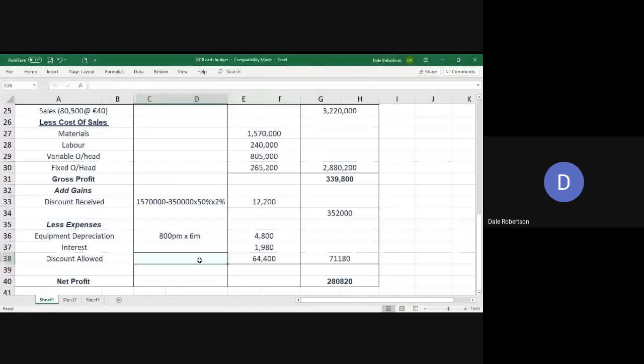And then finally, discount allowed, the last tricky bit here. Discount allowed is the discount that we have allowed our debtors.